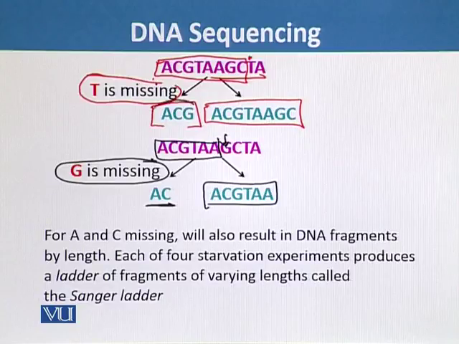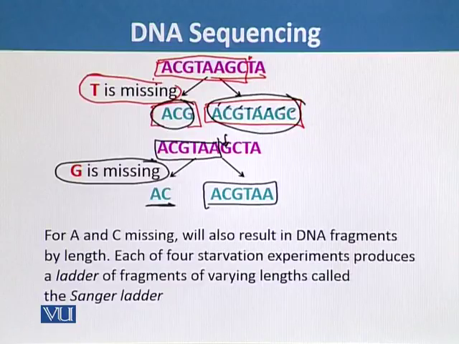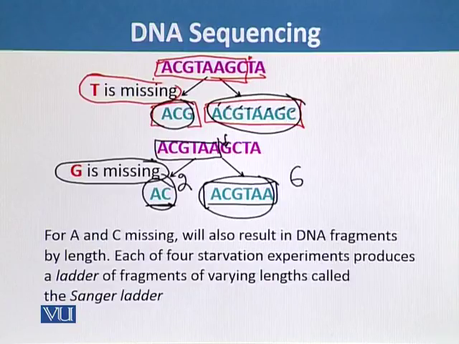If T is limited, this fragment is obtained with 3 nucleotides, and if T is limited again, we will obtain 1, 2, 3, 4, 5, 6, 7, 8 nucleotide fragments. In the other case, if G is limited, then we will obtain this fragment of 2 nucleotides and again another fragment of 6 nucleotides.